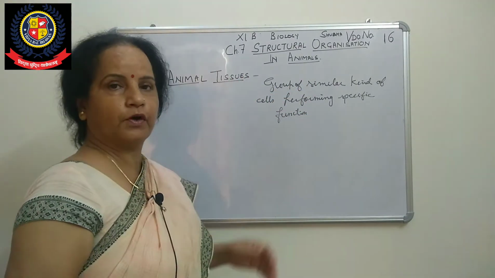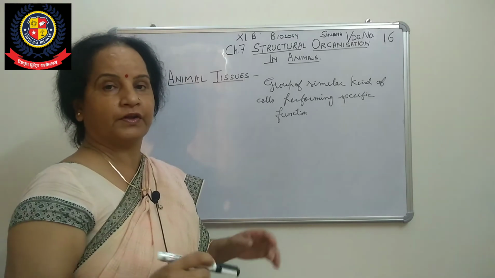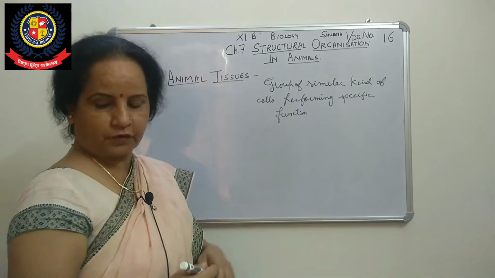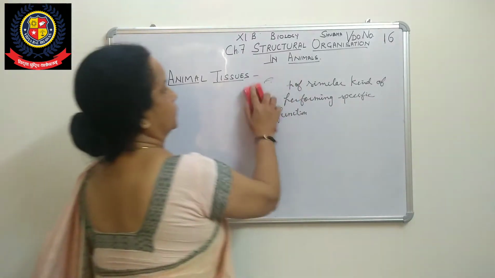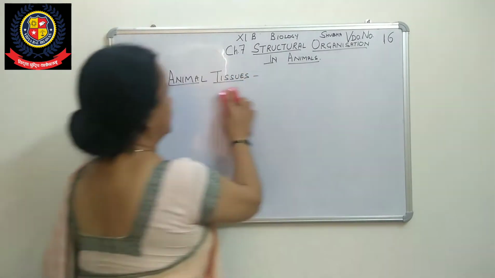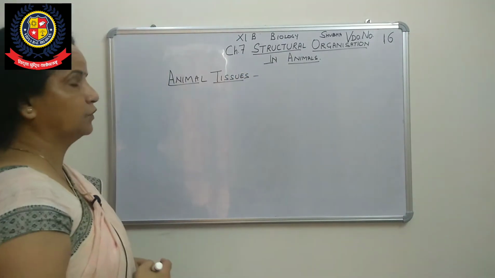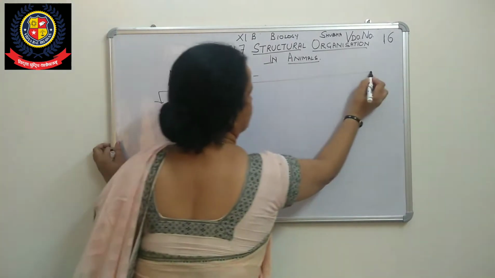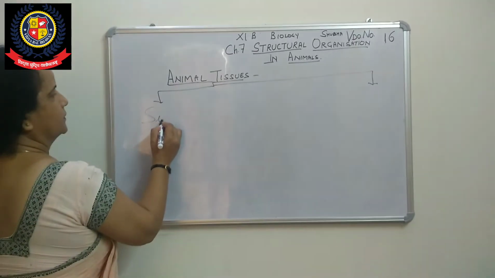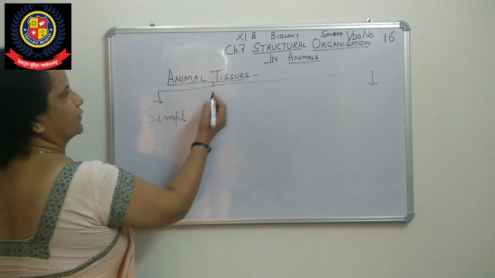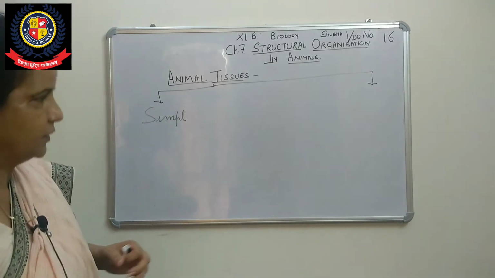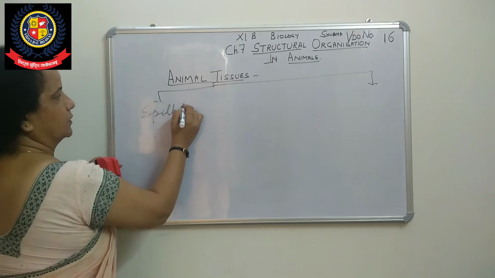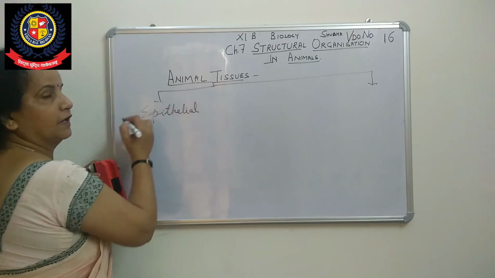First of all we see how many types of tissues there are, how they are attached, and what their functions are. We will go first to the types. Mainly, animal tissues are of four types. First is epithelial tissue or epithelium.